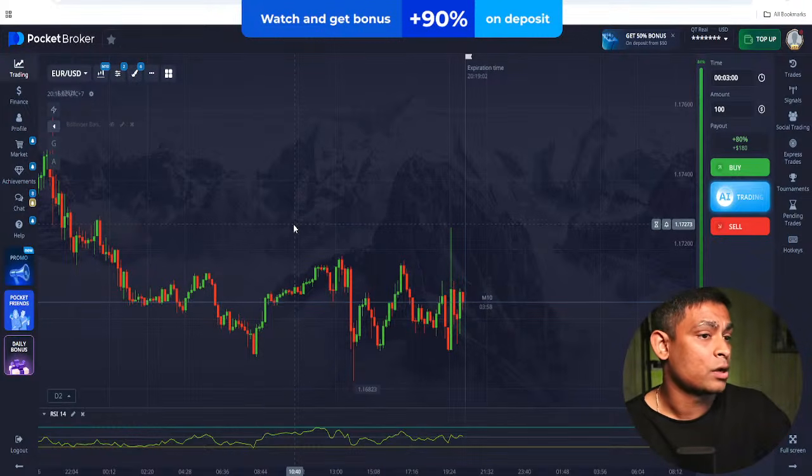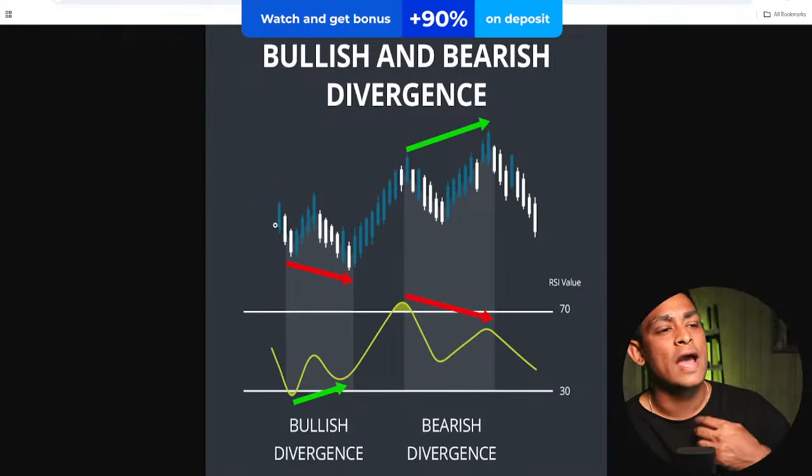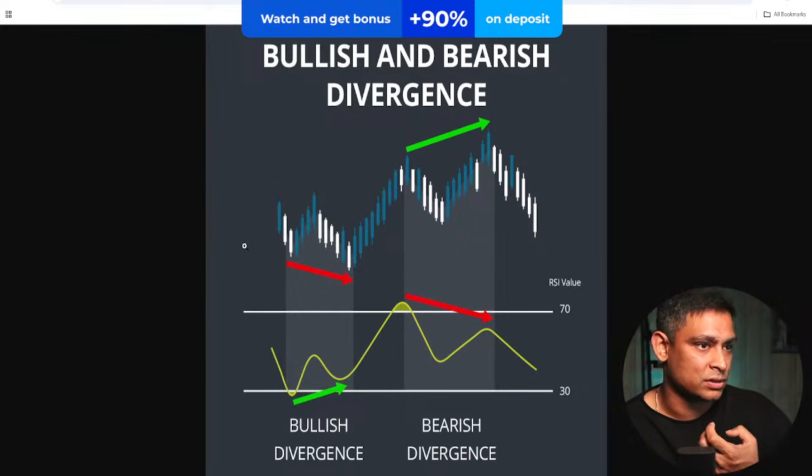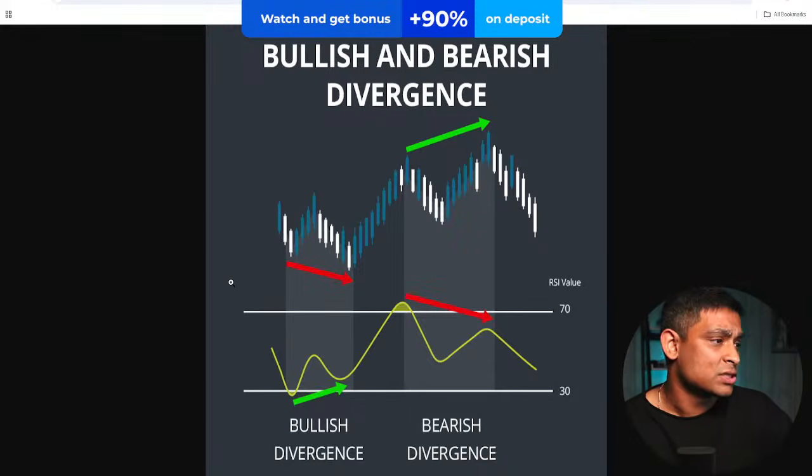But RSI also comes with something known as divergence, or divergences. Essentially there are two types: one is bullish divergence and the second is bearish divergence.